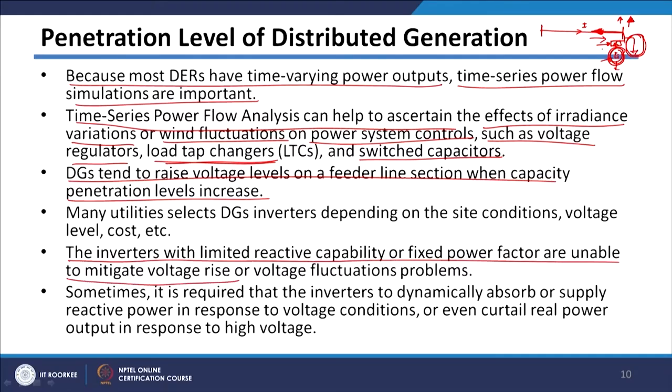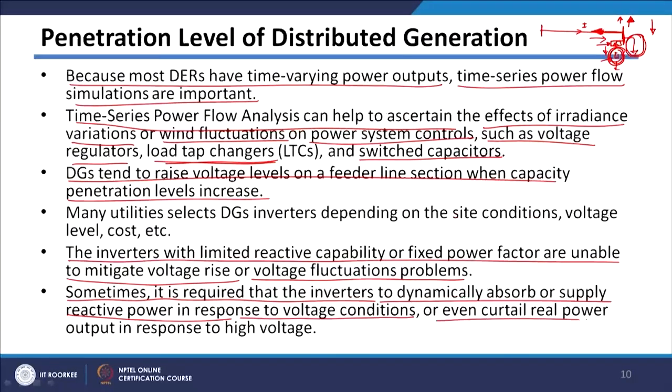By absorbing some of the reactive power at this end, the voltage of this bus can be brought down to the required value, which will ease your voltage fluctuation problem. However, sometimes to do this, it needs to dynamically absorb as well as supply the reactive power depending on the voltage conditions.